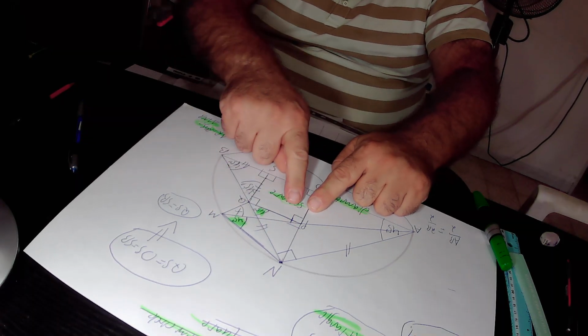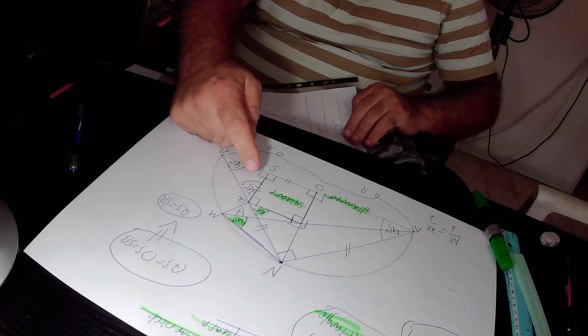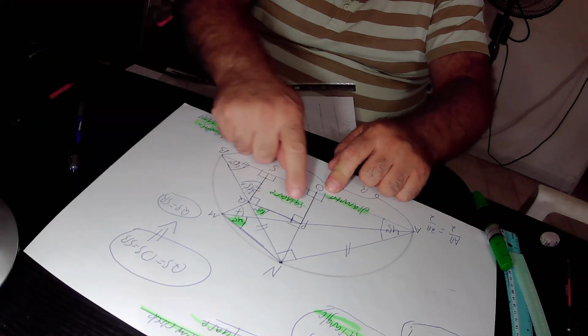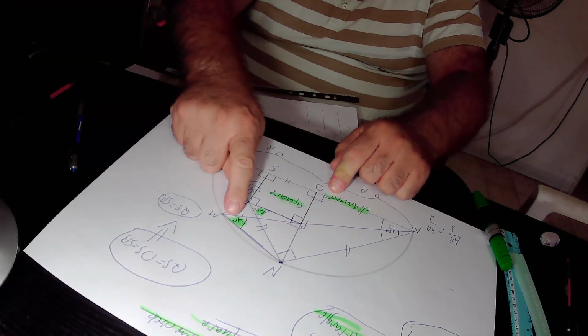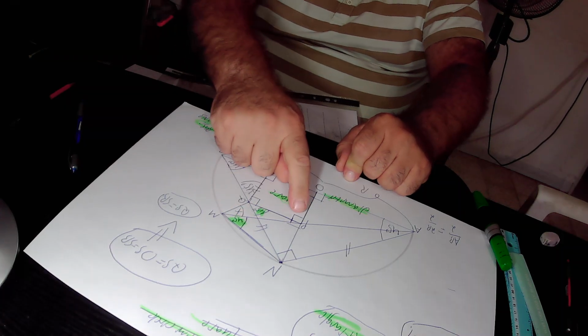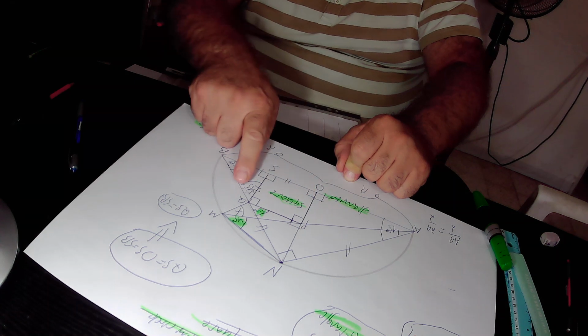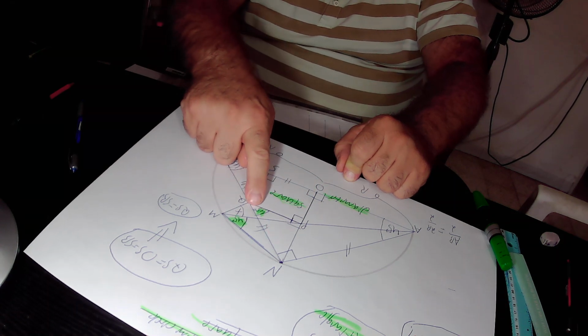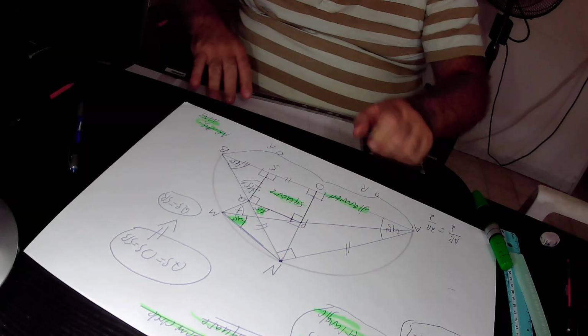Repeat again: angle PMN equals 45 degrees in its size, and it subtends on chord PN. Likewise, angle PQN also equals 45 degrees in its size, and it subtends on chord PN.